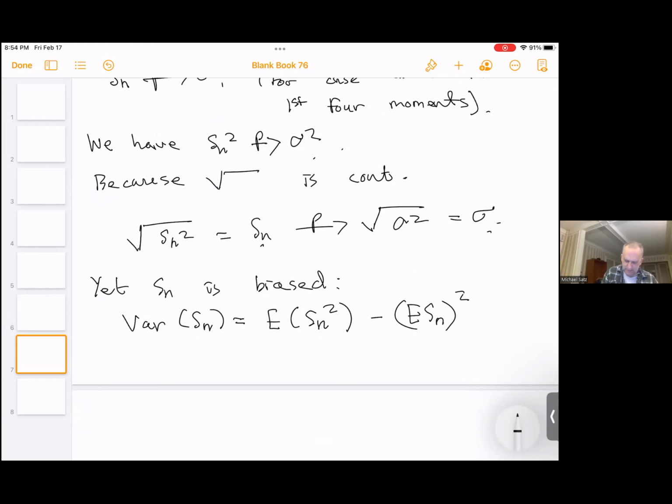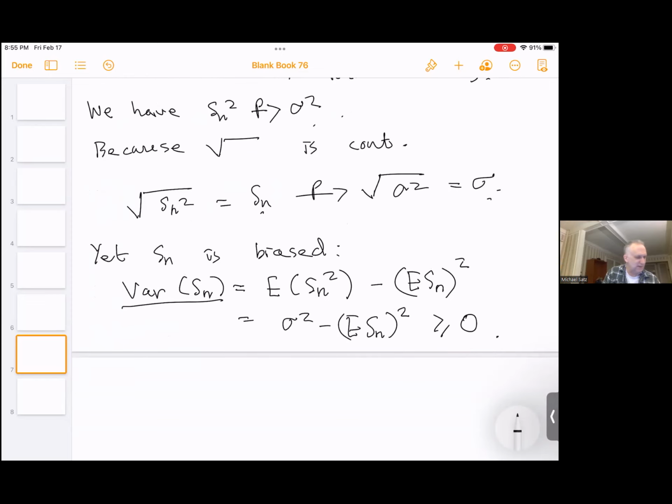We know Sn squared is unbiased. So this is sigma squared minus E of Sn, all squared. And we know this is greater than or equal to 0. Why? Because I have a variance, the expected value of a non-negative quantity, so it's got to be greater than or equal to 0.